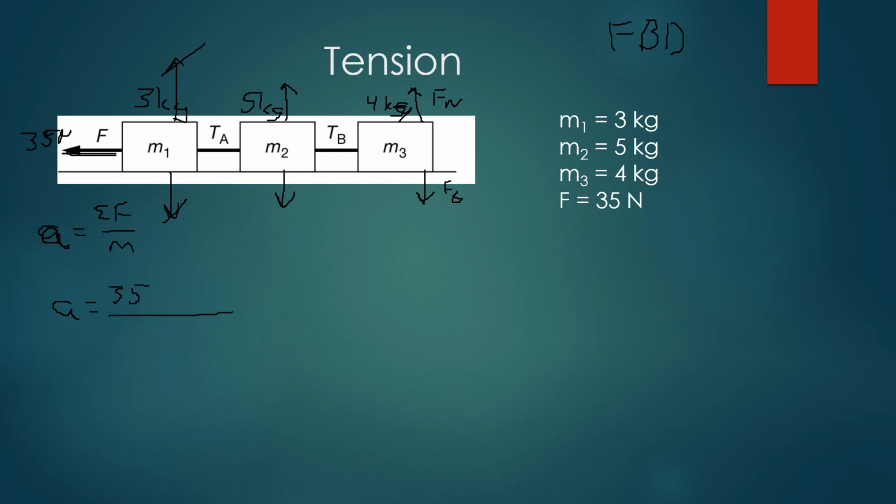So what you're going to do is add all the masses up, because that pull is distributed to all of the masses. So the acceleration is simply going to be the force of the pull divided by the sum of all the masses. Let's just call it 2.92.